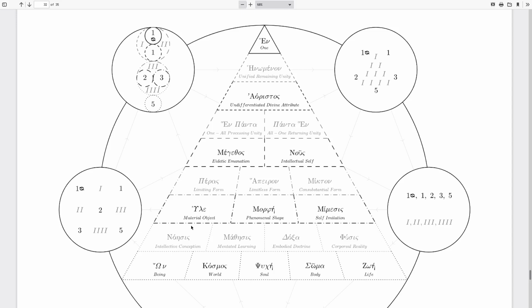which leads to its mentation that can be learned, which leads to its embodied state that unifies the implications, which is then said of corporeal reality, or vice versa, inversely, or you could say this is related to this and this is related to that, or whatever.